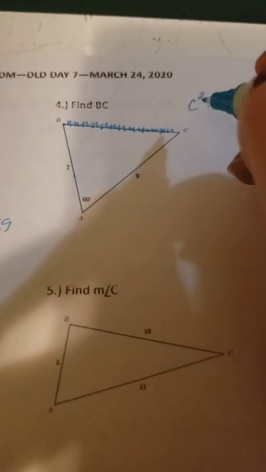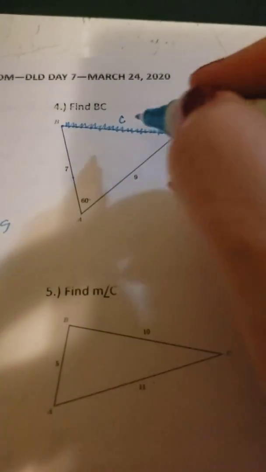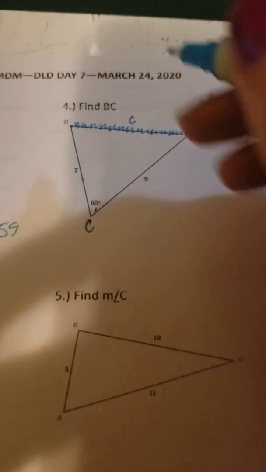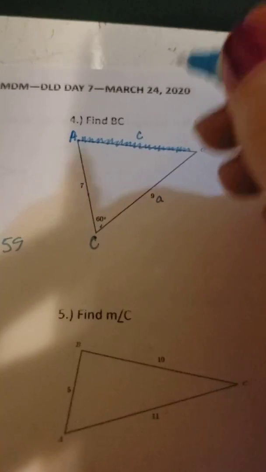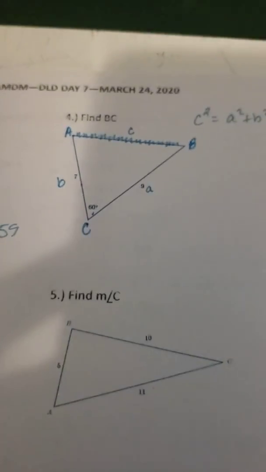So my missing side, I want my missing side to be C. So that means this angle across from it, this 60-degree angle, that's got to be angle C. Now my other two sides and angles, it doesn't matter which one I make A or B, as long as wherever angle A is, side A is across from it, and wherever angle B is, side B is across from it.